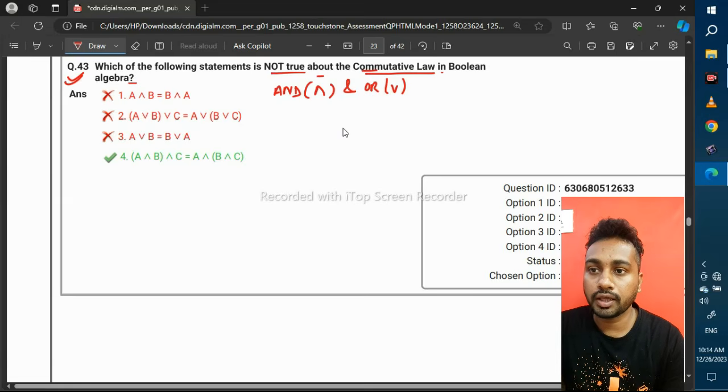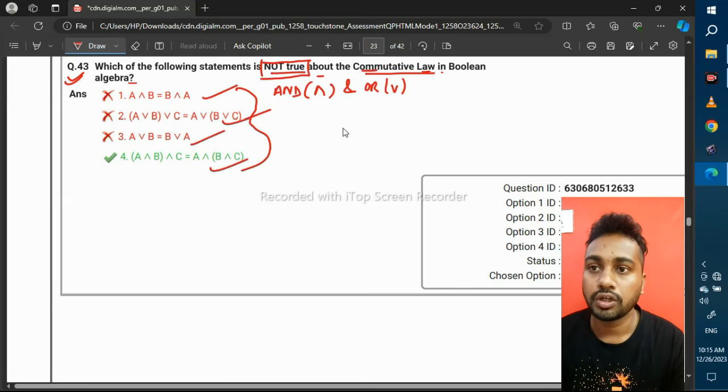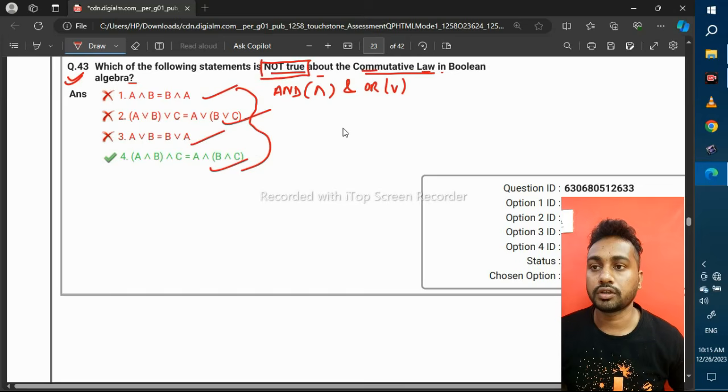So whatever options they have given, all 4 options belong to commutative laws. Here they are asking which is not true, but all are true only. All are following commutative law. So here the correct option is not there. You can check this one, 43 also.